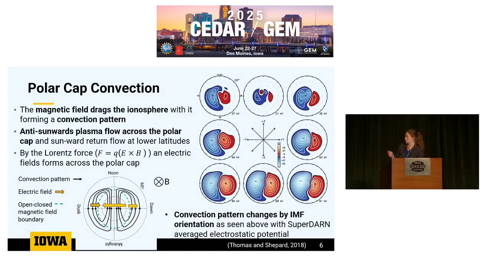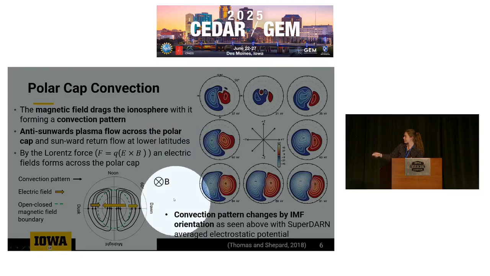So one result of the Dungey cycle is a two-cell convection pattern over the polar cap. The polar cap is where we have high latitudes around the open and closed field line boundary, which I've highlighted in these green dots on this little figure.